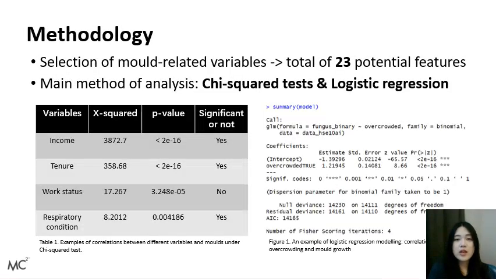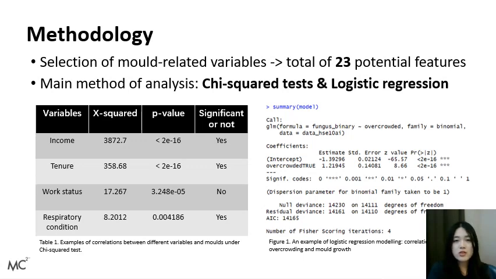For this study, I focus on identifying variables from these datasets that are linked to mould growth. From existing literature, I selected 23 potential features that could influence or correlate with mould, including building conditions, socio-economic factors, and residents' behaviors. The main methods of analysis include chi-square tests and logistic regression.